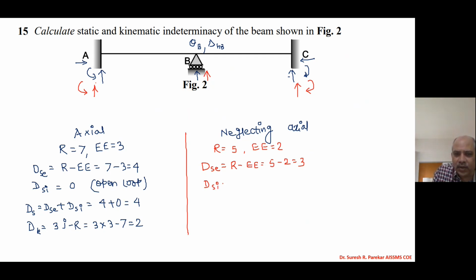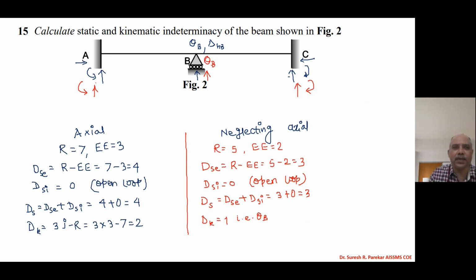DSI we have 0, as we have open loop structure, and then DS equal to DSE plus DSI, that is 3 plus 0 equal to 3, and dk we have 1, that is theta b, as we are neglecting axial deformation, so delta hb will not be there.